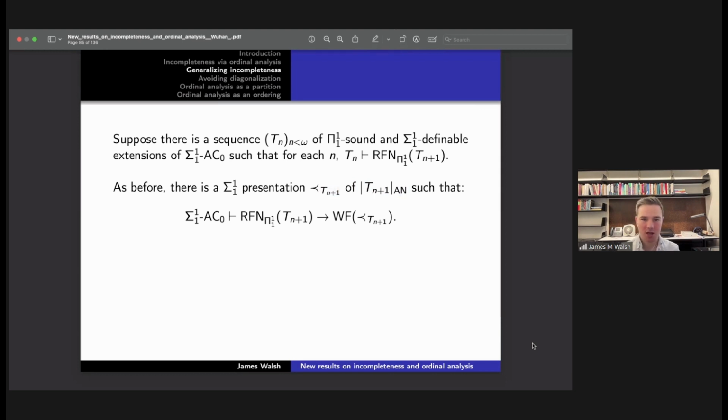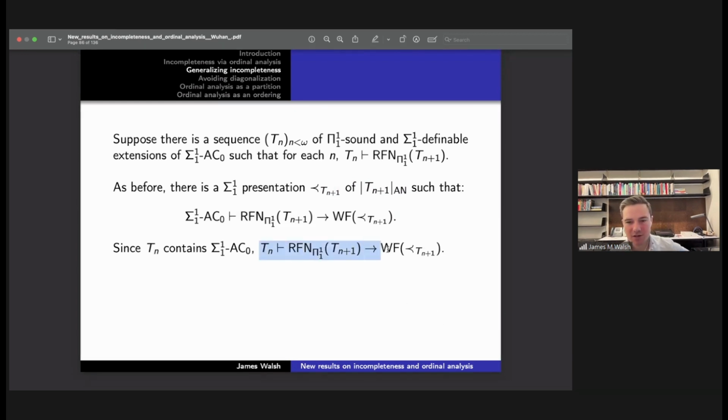This is just how the lemma we were using for the theorem before worked. Now, since each of these theories is an extension of ACA0, for each n, Tn as well proves this conditional: if Tn+1 is Pi-1-1 sound, then the ordering of Tn+1 is well-founded.